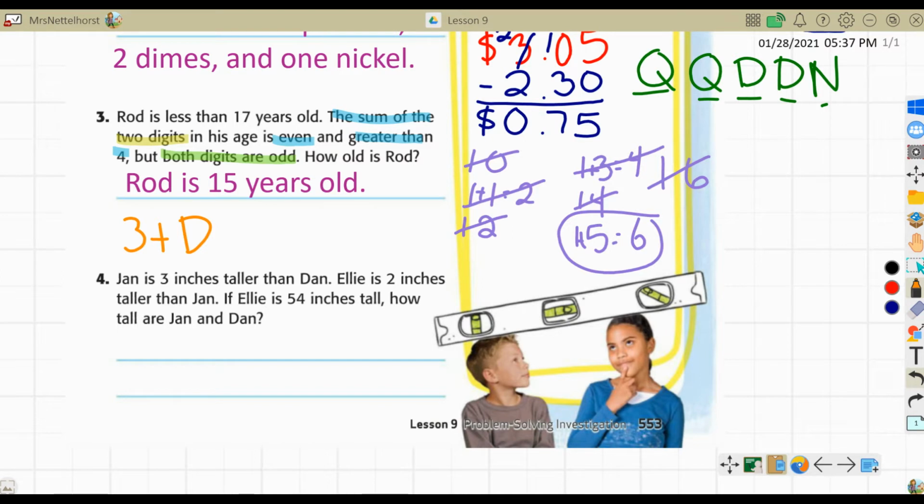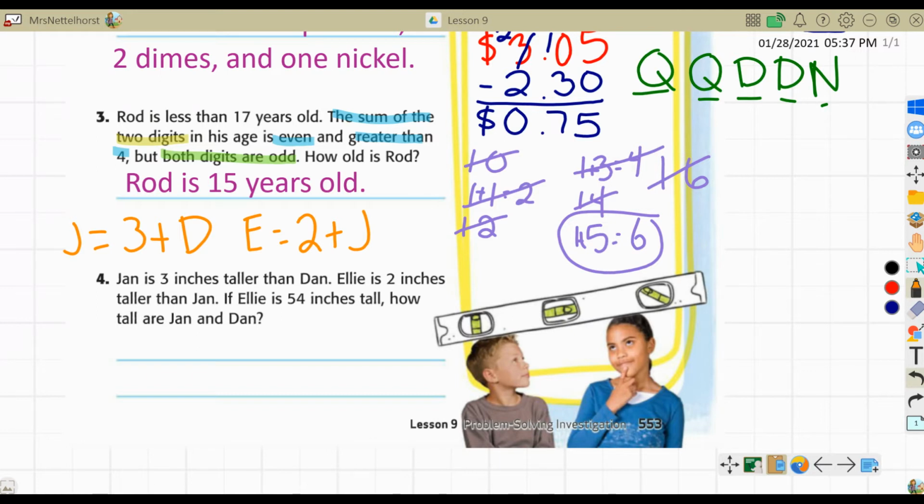Ellie is 2 inches taller than Jan. Jan is equal to 3 inches plus Dan. Ellie is equal to 2 inches plus Jan. So if Ellie is 54 inches tall, how tall are Dan and Jan?